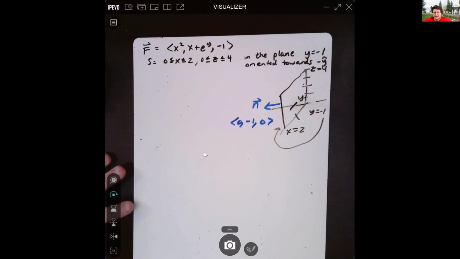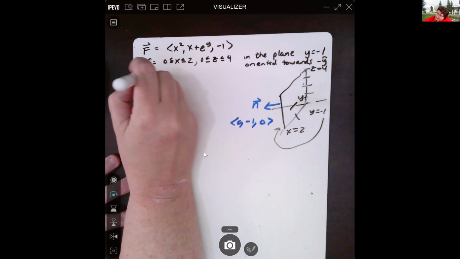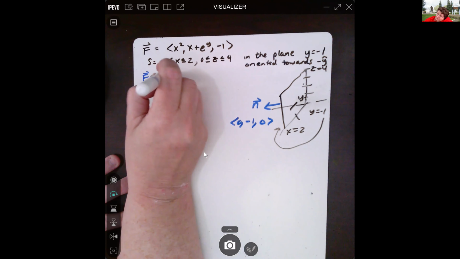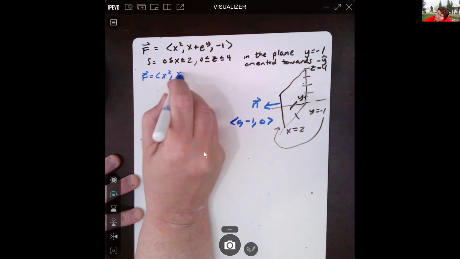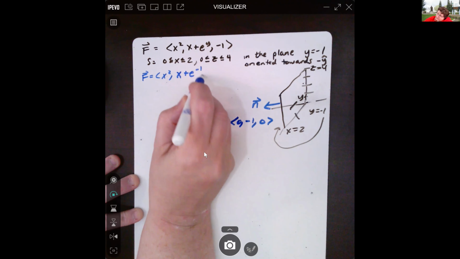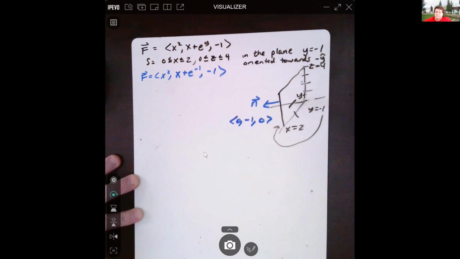Since Y is not changing there, F is really x squared, x plus e to the -1, -1.